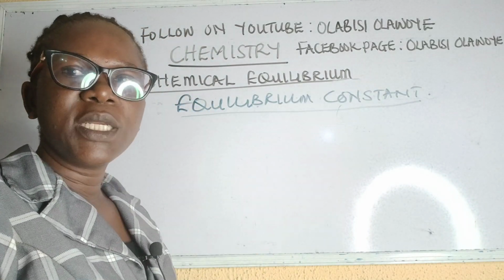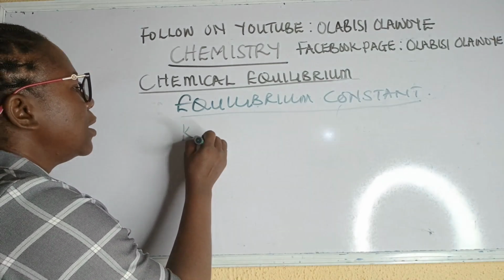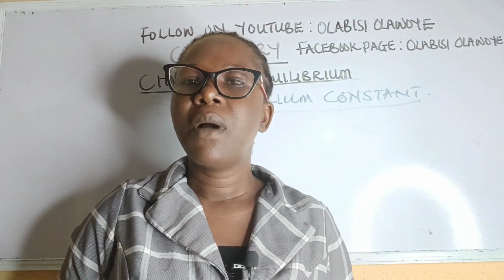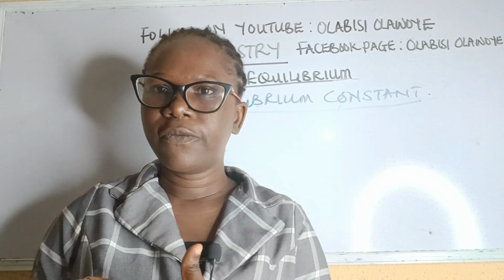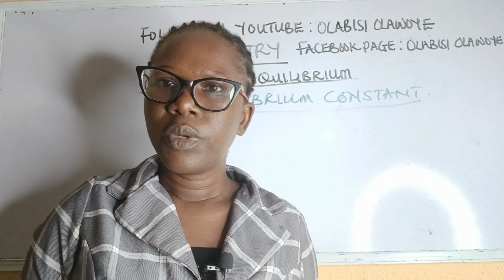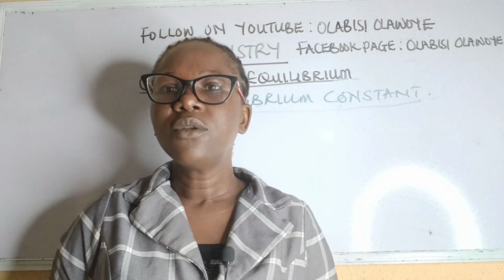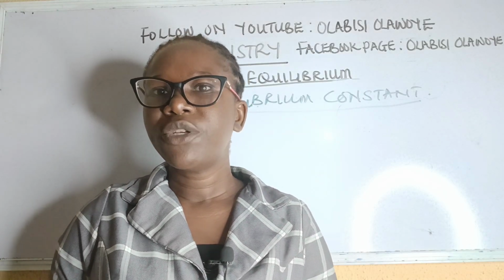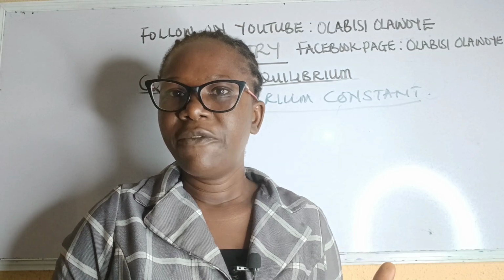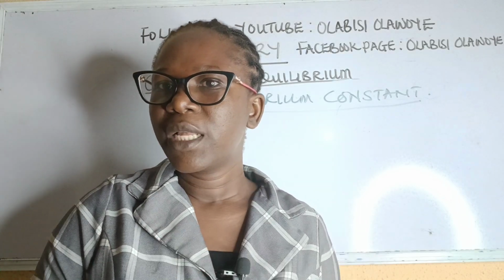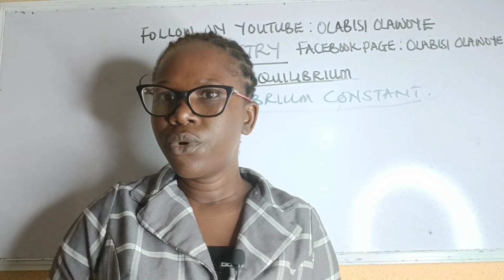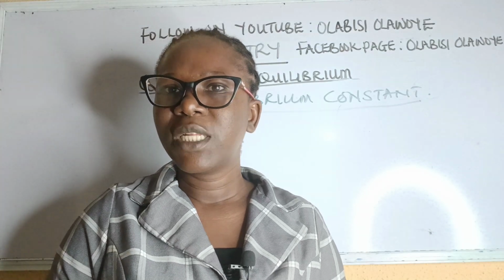Equilibrium constant is represented as Kc, and this Kc is usually affected by the measure of the product formed or reactant formed. So take note of this. Anytime forward reaction is favored in a chemical equilibrium, that is, reactants reacting together to form products, so anytime more products are formed, equilibrium constant will increase.